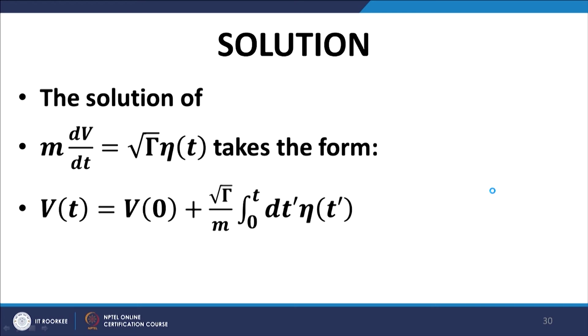You can write it in the form V of t is equal to V 0 plus under root gamma upon m, where m is the mass of the particle, times the integral from 0 to t of dt dash eta t dash. This is a straightforward inhomogeneous first order equation, so we do not have much problem in writing down its solution.